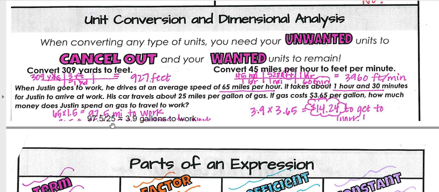I'm going to divide that by 25 miles per gallon to figure out how many total gallons he is using while driving. So 3.9 gallons is the total amount that he uses to go to work. And it costs $3.65 per gallon. So I'm going to multiply the amount of gas he needs by the cost of the gas. So the total cost one way to get to work is $14.24.